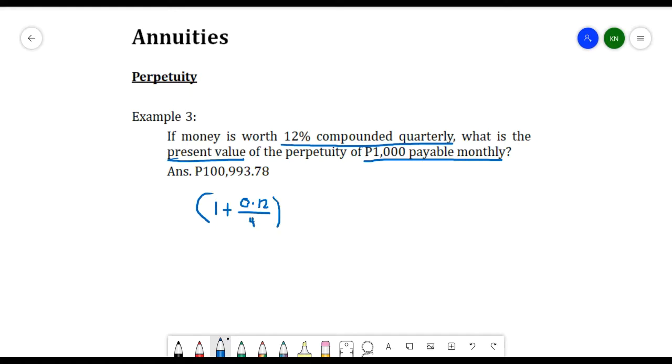The number of payments is not stated, so that is understood as 1, and we multiply that by 4 because we are talking about quarter. And we equate that with the interest that we can get payable monthly. So we have I divided by 12 since there are 12 months in a year, and our number of payments will also be multiplied by 12.